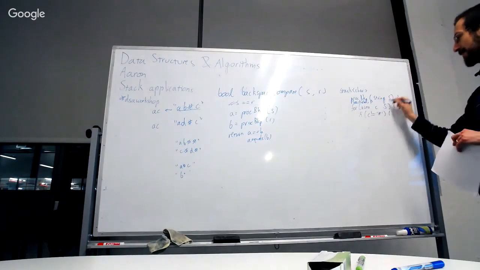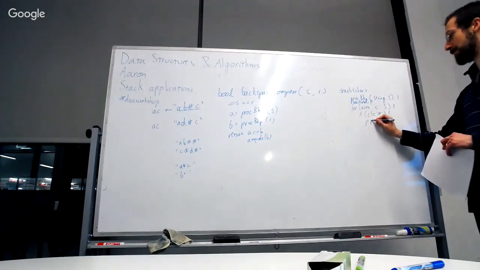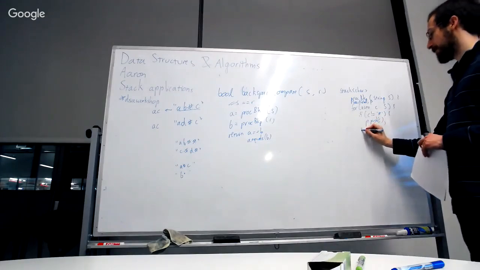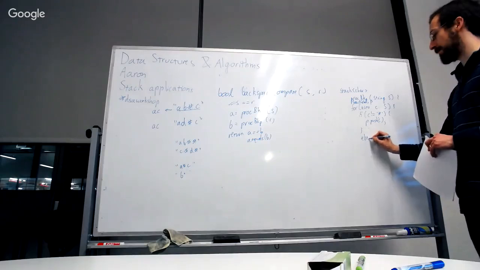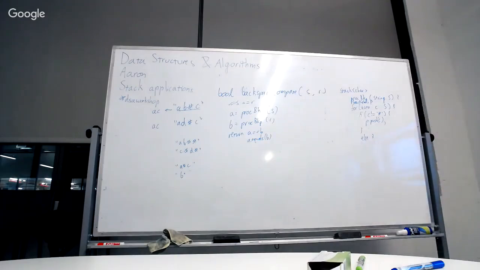Is that legible? Then for every character in our string, if it's not a hash, I will just push it on. And if it is a hash, then I want to do backspace. And what do I mean by do backspace?